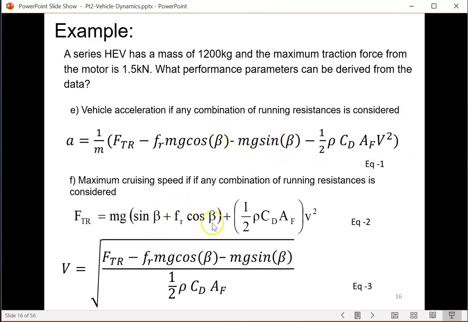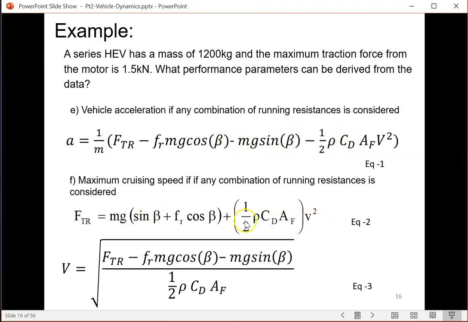You can actually use this formula to work out the maximum cruising speed as well. Now, when we're talking about cruising, that word means no acceleration. So A equals 0. And you can derive from there, if A equals 0, the total force must equal all the resistances.